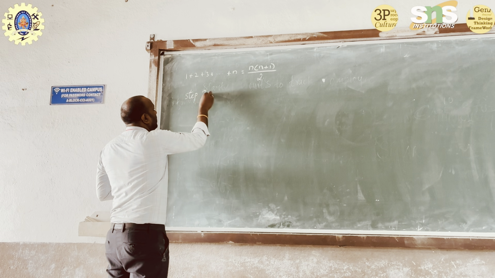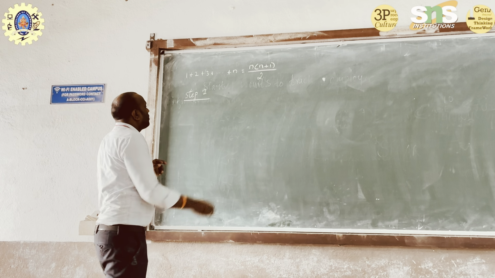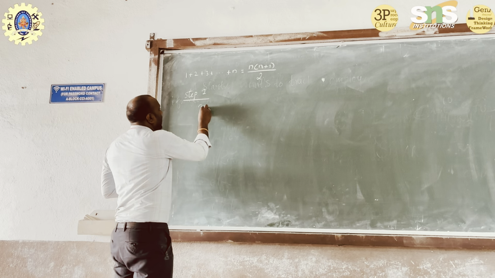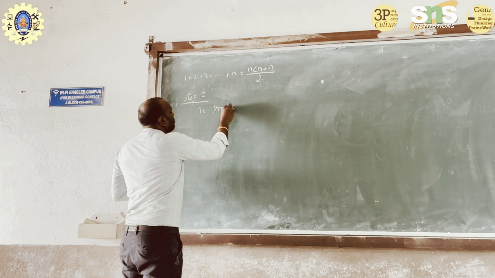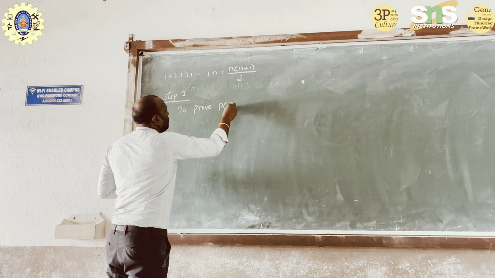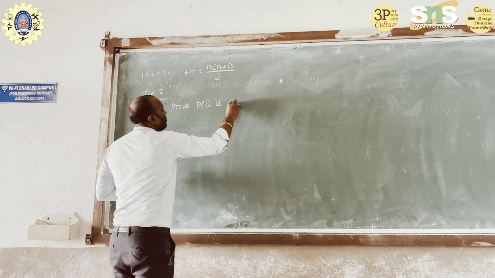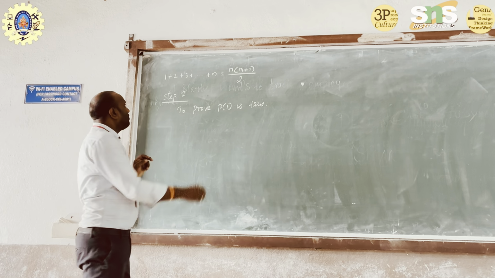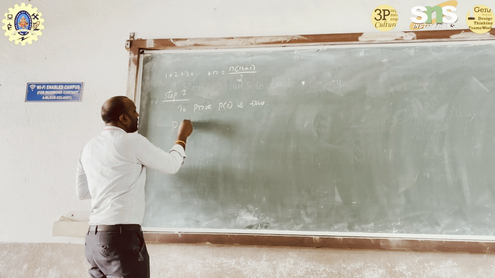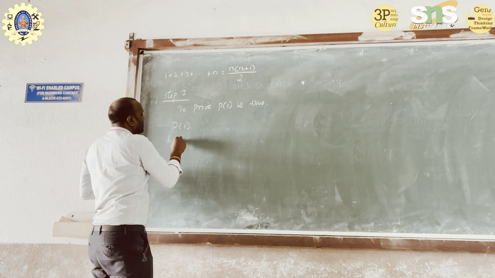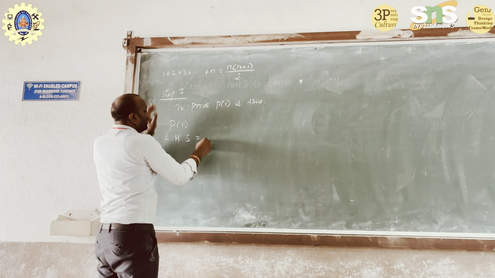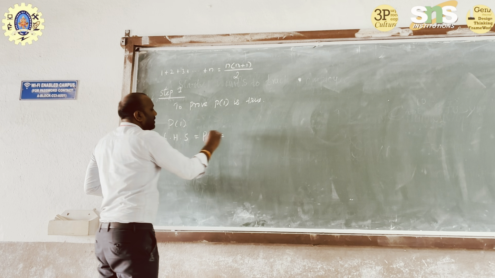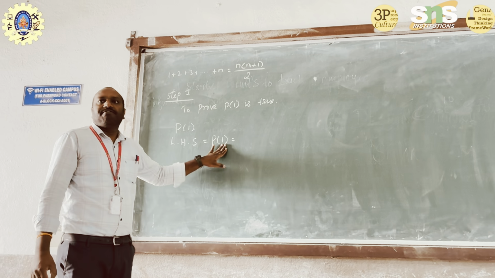So step 1 is to prove P of 1 is true. Then we'll take the P of 1. So the left hand side, LHS, that is basically the first term.